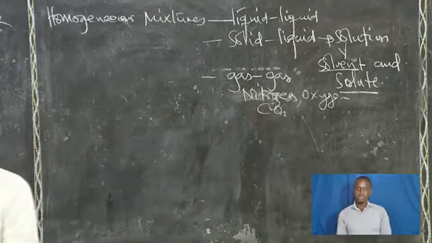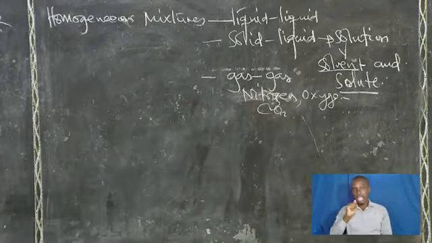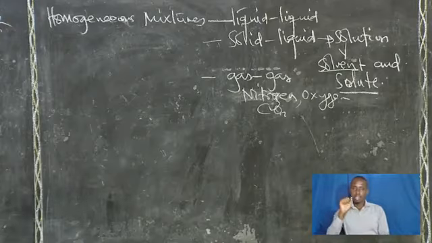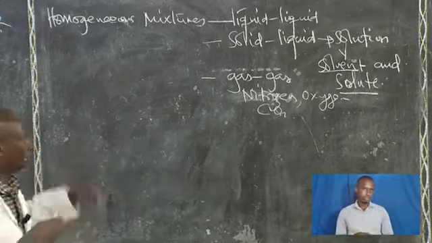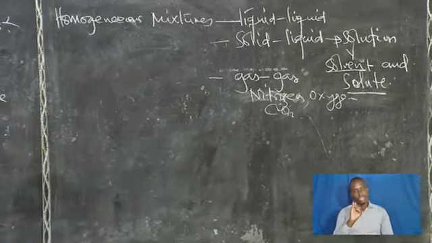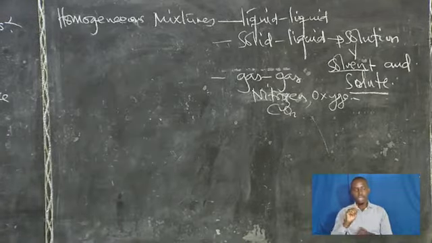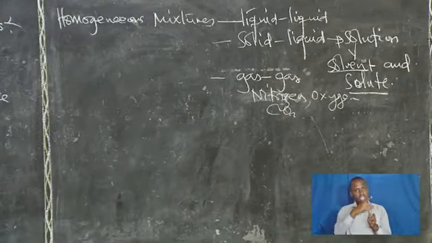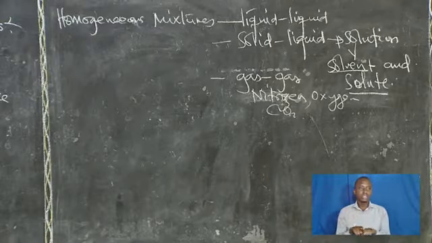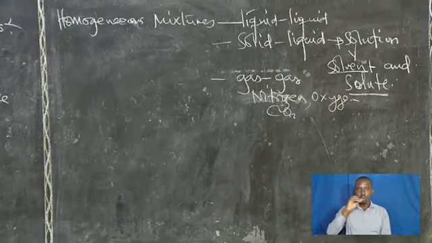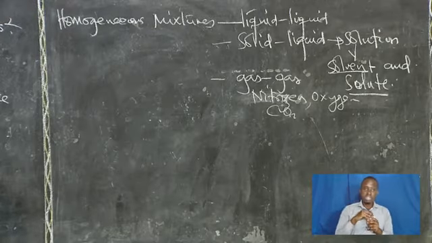So that could be a gas mixture. So we may have either liquid, solid, and other mixtures. Those are some of the examples that we are giving which are homogeneous. For the homogeneous, we mentioned the liquid, and we gave some examples.